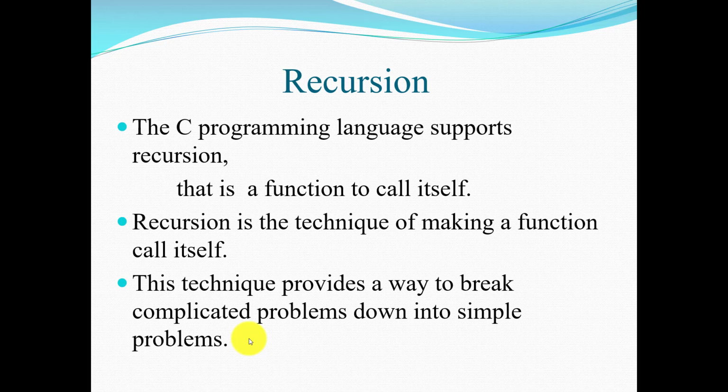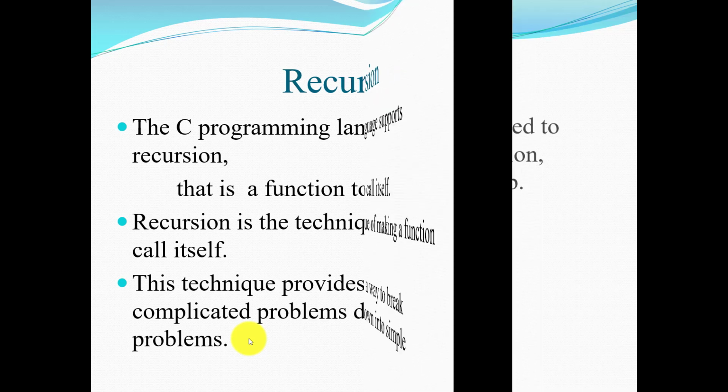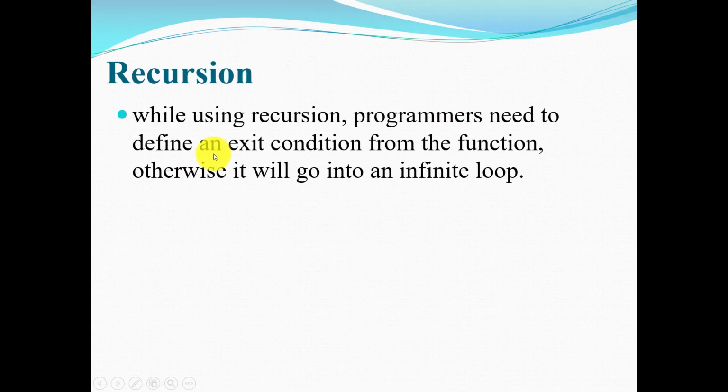It breaks down complicated problems, for example some computational or mathematical problems. Recursion also needs an exit condition, also called a base condition. Depending on the base condition it executes, otherwise it returns and terminates the recursion, or else there is a chance of going into an infinite loop.